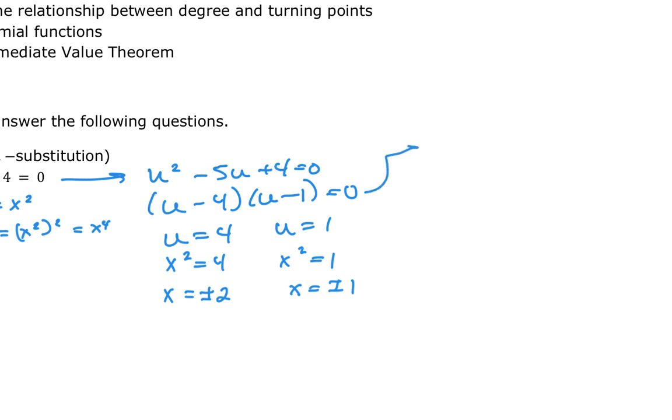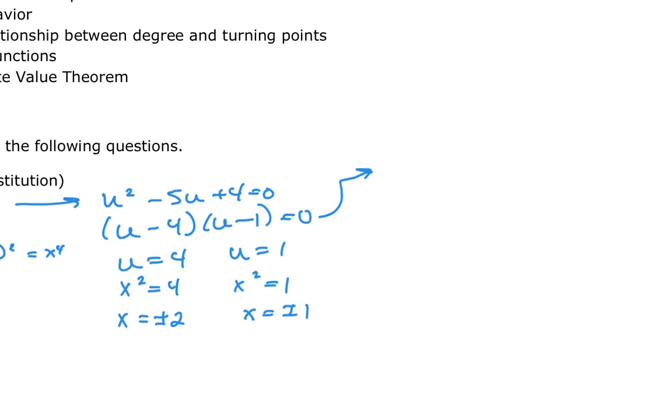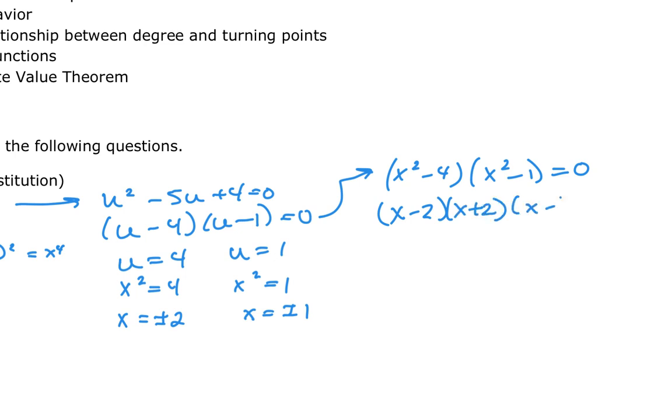Similarly, if I wanted to go back and put this as x squared here, I could have done x squared minus 4 and x squared minus 1 equal to 0. This becomes x minus 2 and x plus 2, and the second grouping becomes x minus 1 and x plus 1.